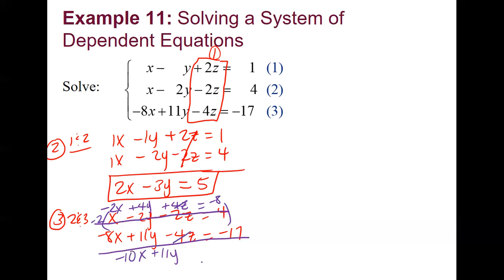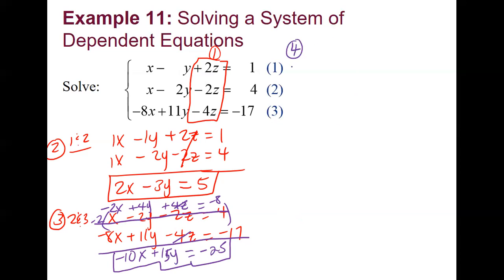My z's are going to cancel, and I have -8 and -17, and that makes -25. That doesn't look like a 5 to you? What are you talking about? I see 15, Angela. You know, it happens to the best of us.